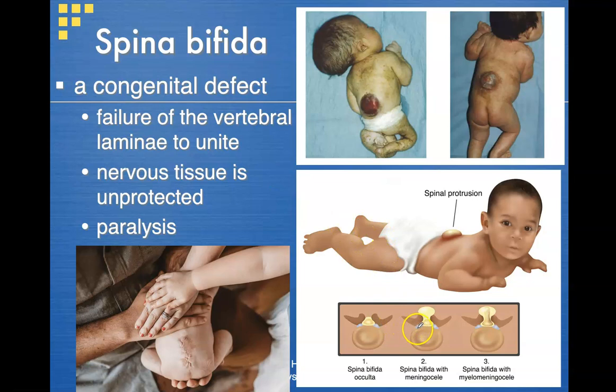That allows nervous tissue or spinal tissue to protrude outside of the vertebral column, and sometimes even outside of the body. That leaves the nervous tissue highly unprotected and can cause severe issues for that child, including paralysis and death. Most of the time now, if they detect spina bifida, they will surgically repair it in utero, which is pretty amazing.